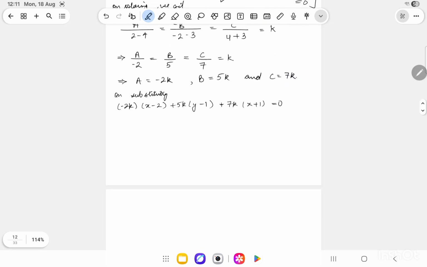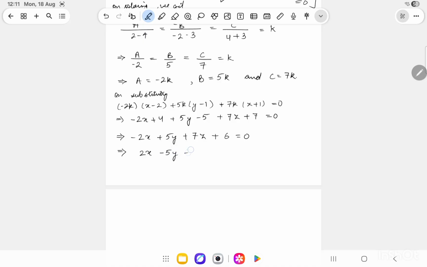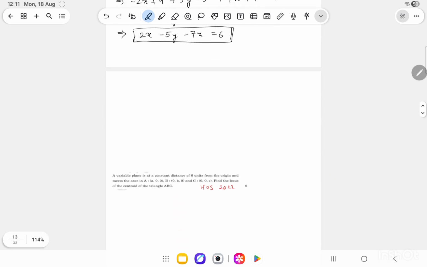If I simplify this, I'll get minus 2x plus 4 plus 5y minus 5 plus 7z plus 7 equals 0, which is minus 2x plus 5y plus 7z plus 4 minus 5 plus 7 equals 0. On further simplification, I will get 2x minus 5y minus 7z equals 6. This is the required equation of the plane. Now let us move on to the next question.